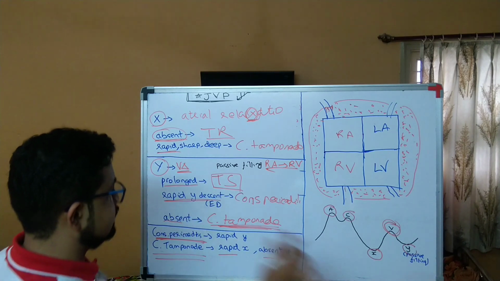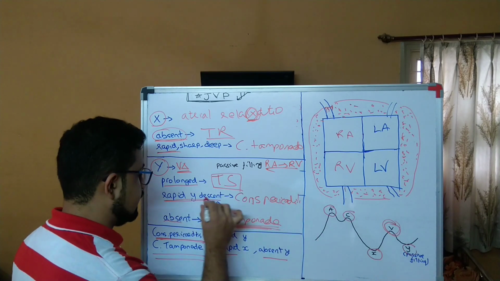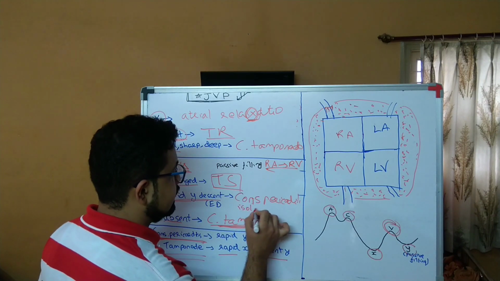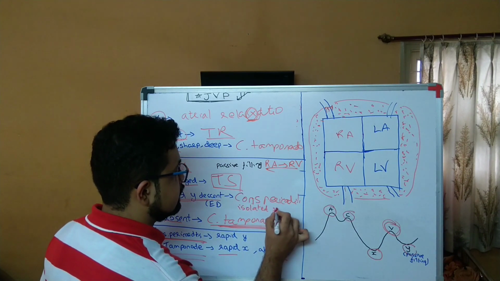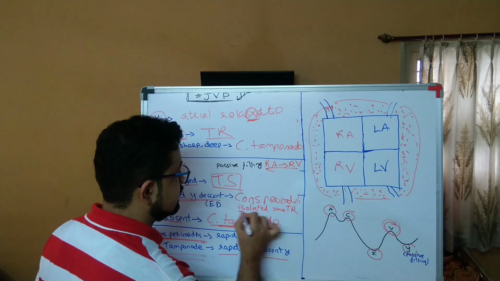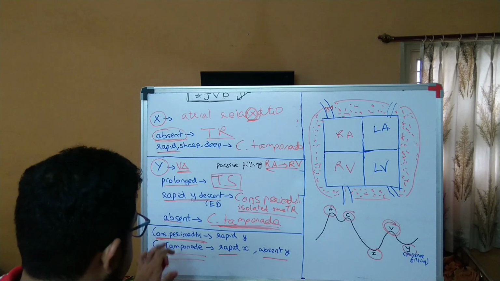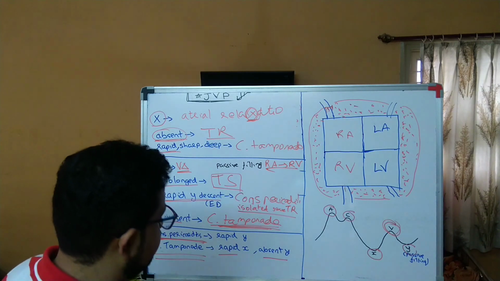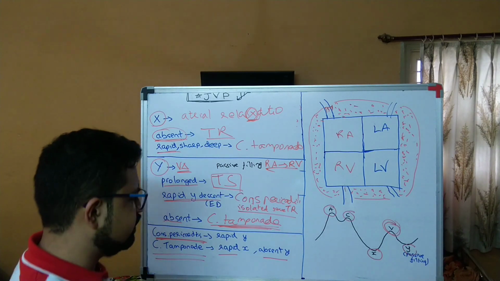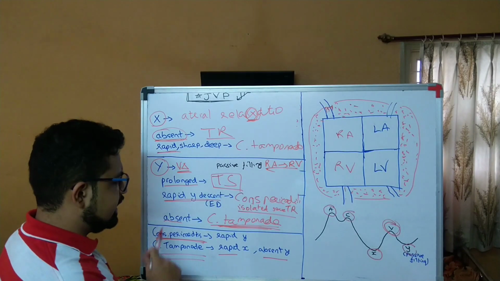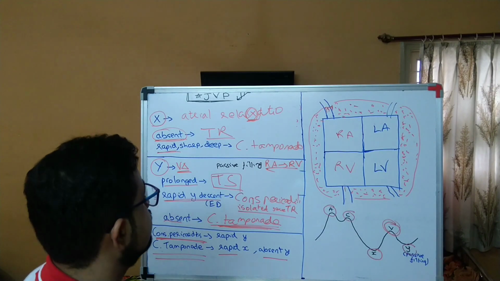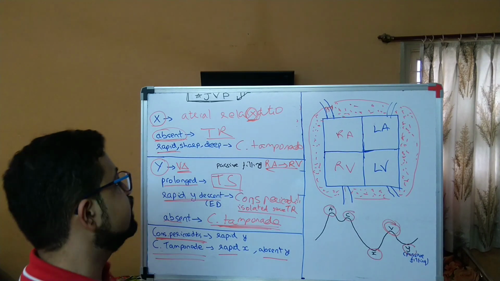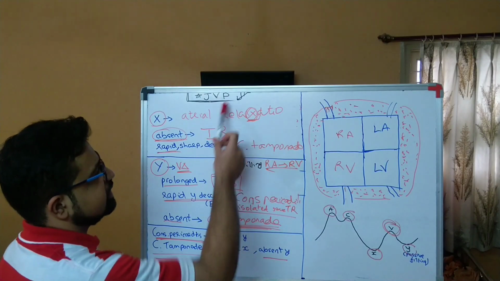You also get a rapid Y descent in isolated severe tricuspid regurgitation, right? So these two findings are very important. Just remember this: rapid Y, constrictive pericarditis. Rapid X, cardiac tamponade, absent Y, cardiac tamponade. These are very important findings to clinch the diagnosis of cardiac disease using the JVP.